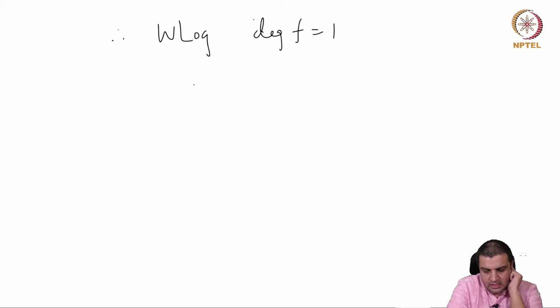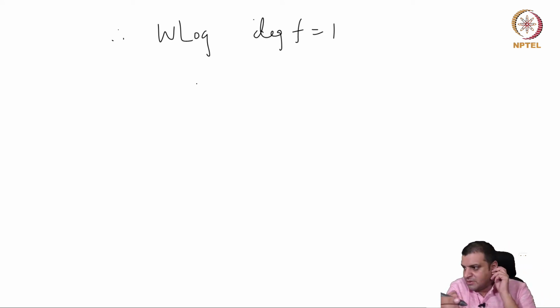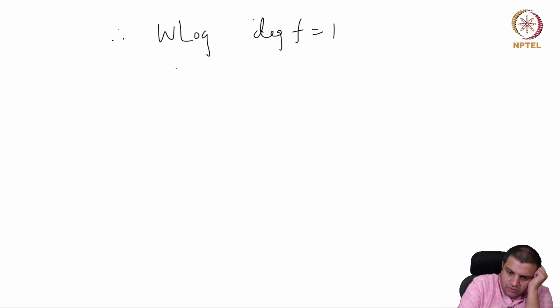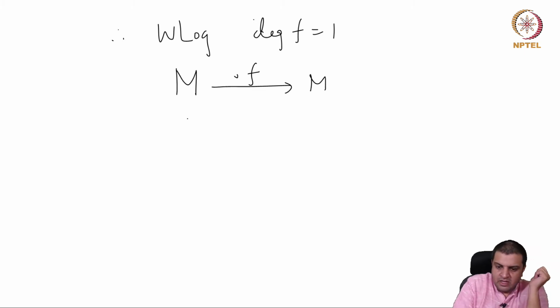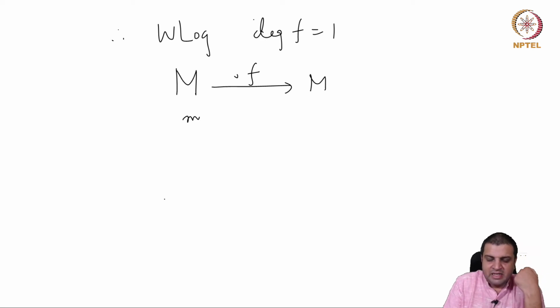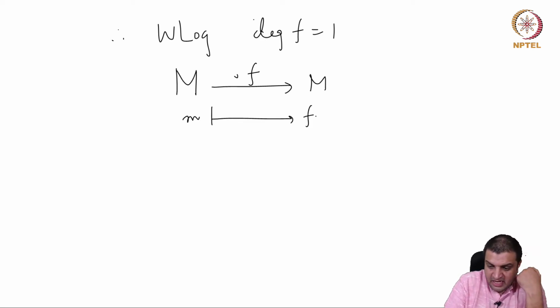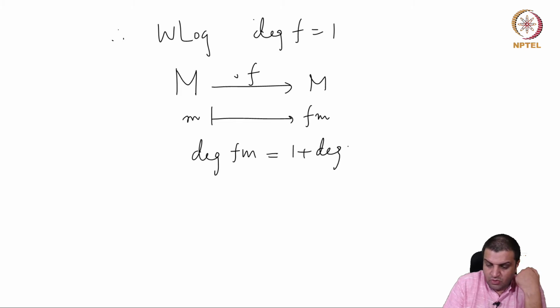Now we want to consider multiplication by F. If you take M and map to M by multiplication by F, some homogeneous element m goes to F times m. The degree of F times m is 1 plus the degree of m. So in other words, this is not a degree preserving map.